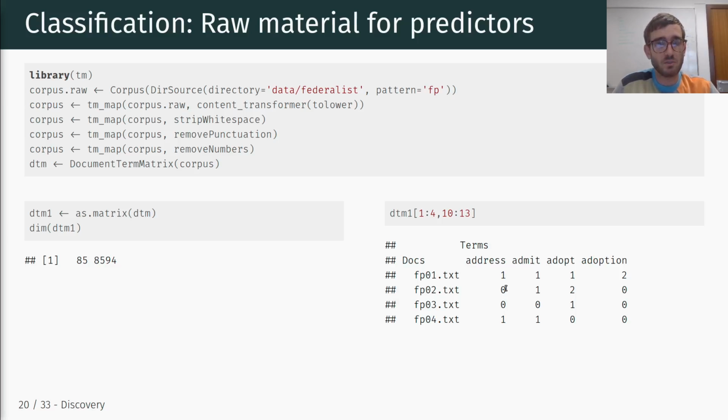One of the crucial assumptions is that we're losing information about the order of words that appear in this document, right? Since this is now a data frame that only contains counts of words, we lost all the information about positioning of the words or how words go together, to what extent there's, for example, a negation of a word, so I don't address or something like that. So these are all potentially crucial pieces of information that we miss.